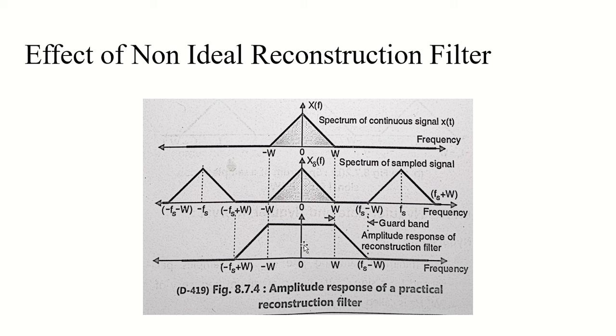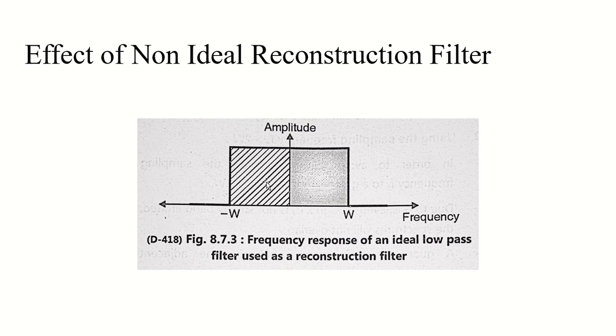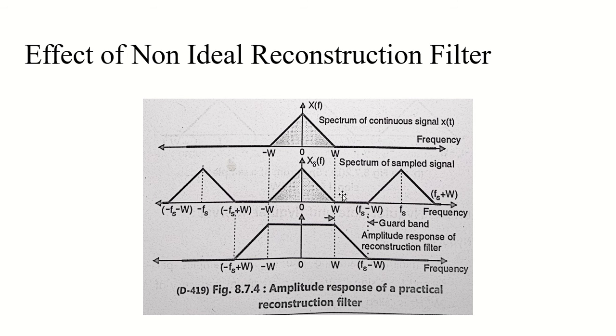As you can see here, we have guard bands as well, and that is why it is necessary to have the sampling frequency greater than 2 omega. Pretty self-explanatory. In the ideal case it goes from minus omega to omega, but in practical scenarios fs plus omega and fs minus omega will be there, and because of that you have to take the guard band.